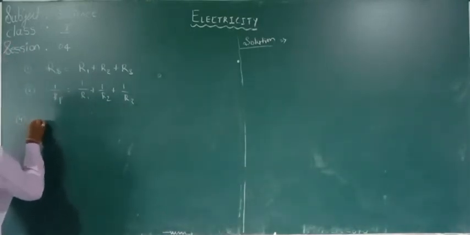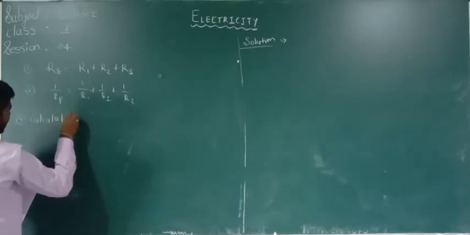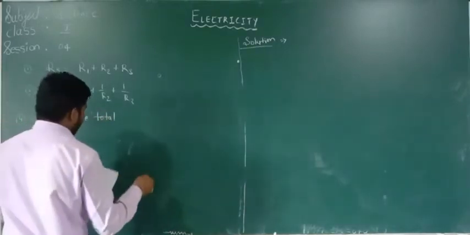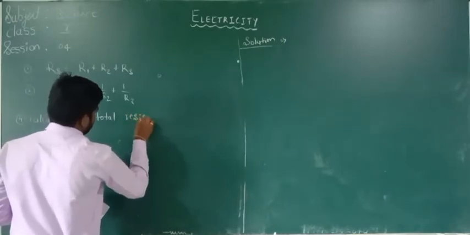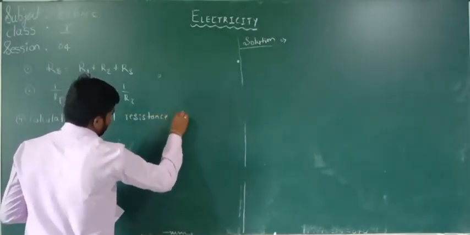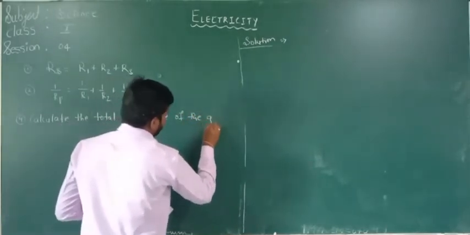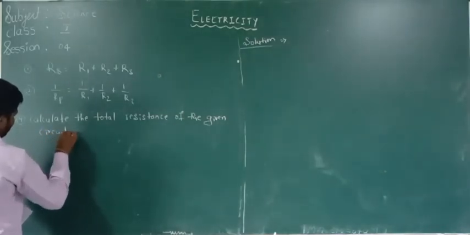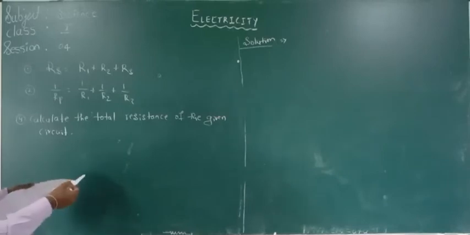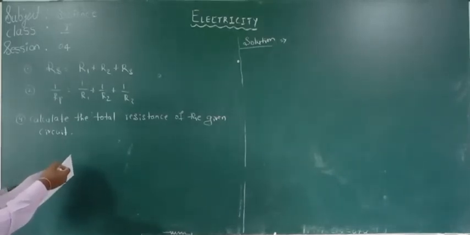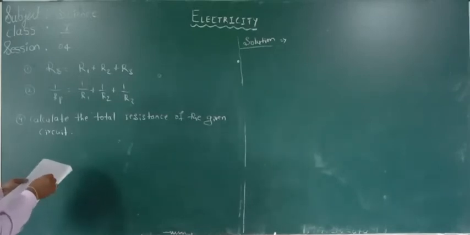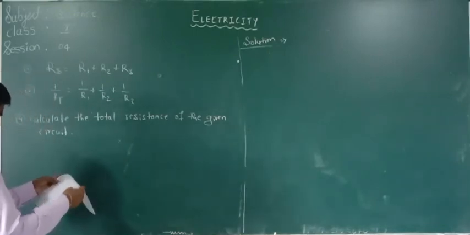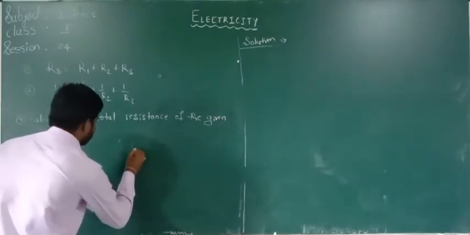Fourth one: calculate the total resistance of the given circuit. See the circuit here.